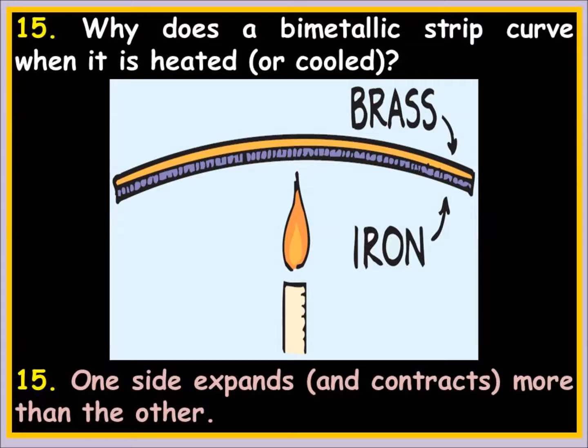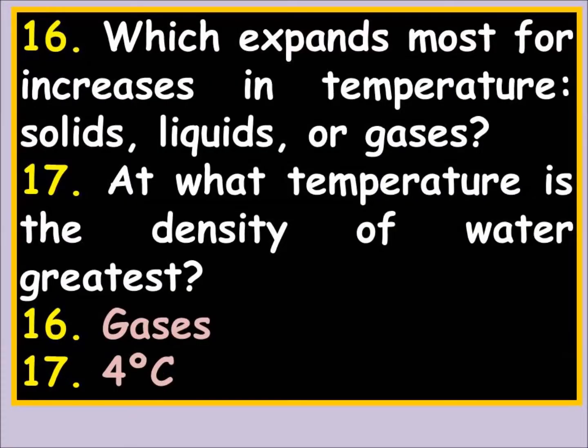And brass has considerably higher thermal expansion than iron, and the brass will curve more, so it'll curve in that particular fashion because brass has a higher coefficient of thermal expansion.